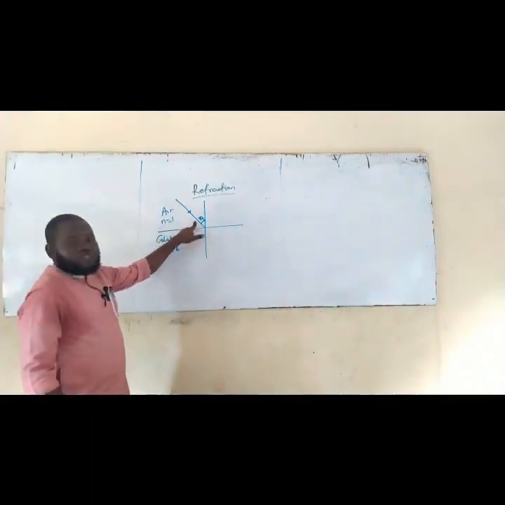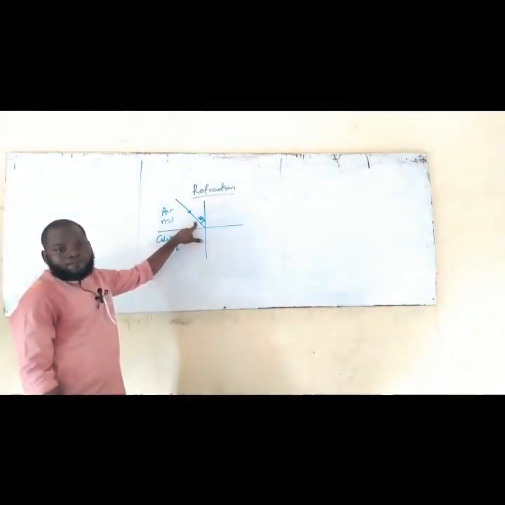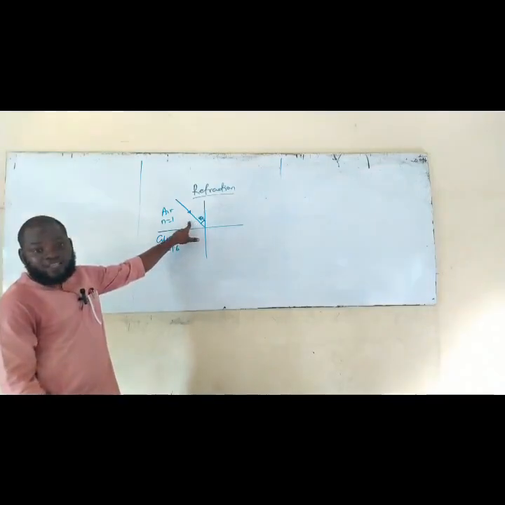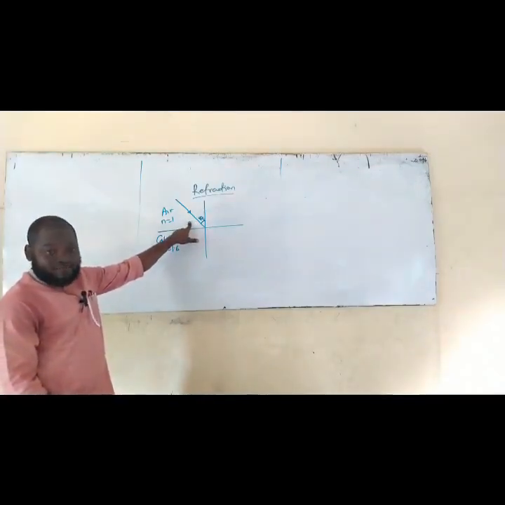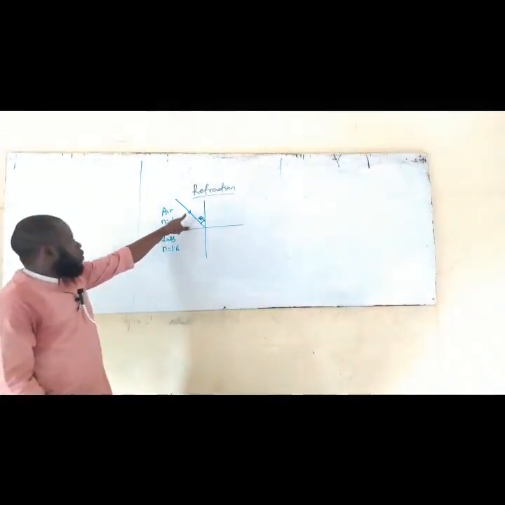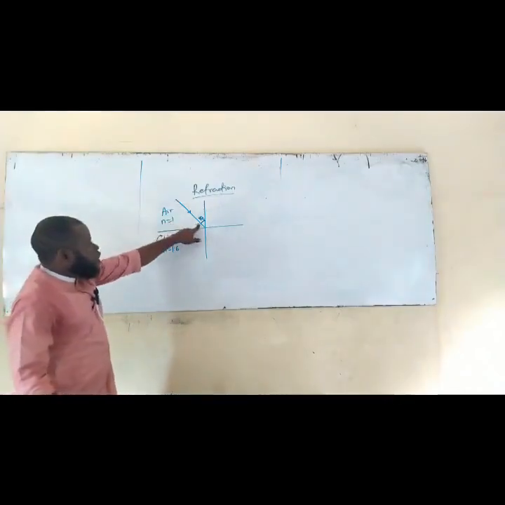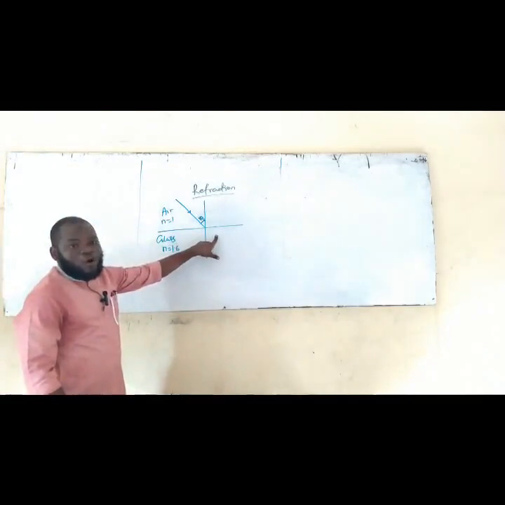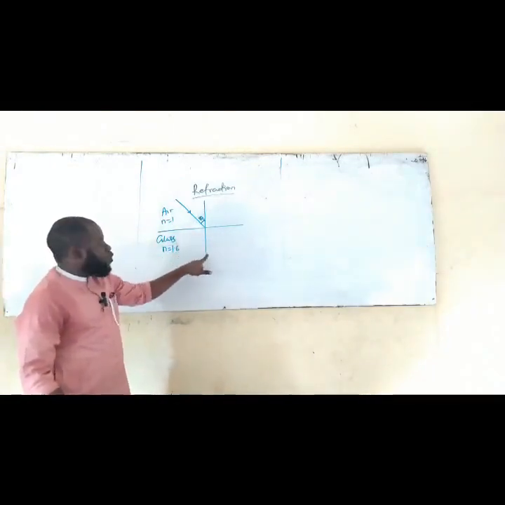Whenever light travels from a region with low refractive index, remember, a region with low refractive index is a region with low density, are you getting this now? When light travels from a region with a low refractive index and enters into a region with high refractive index, it changes its direction towards the normal.